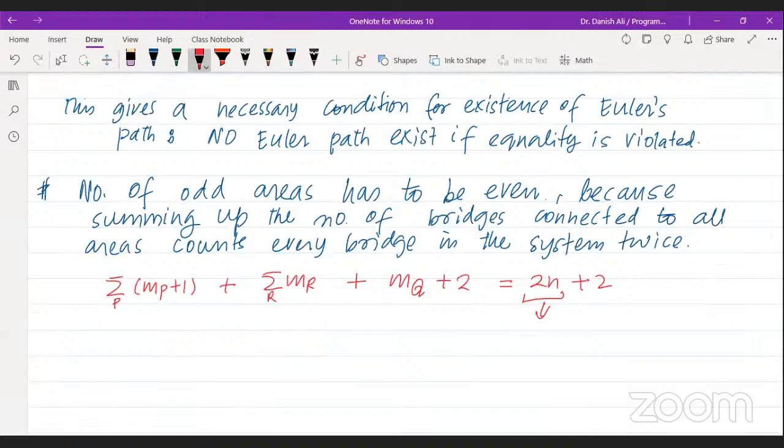So let's suppose you can say that this equals mx, the number of bridges. You denote it by mx or summation m, so all.